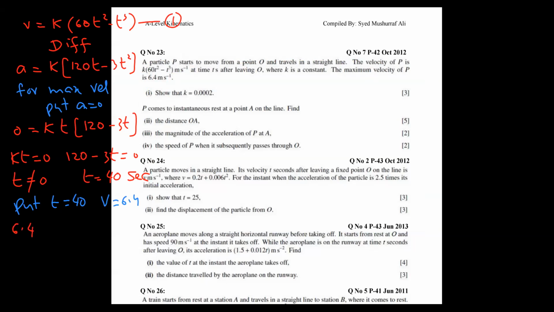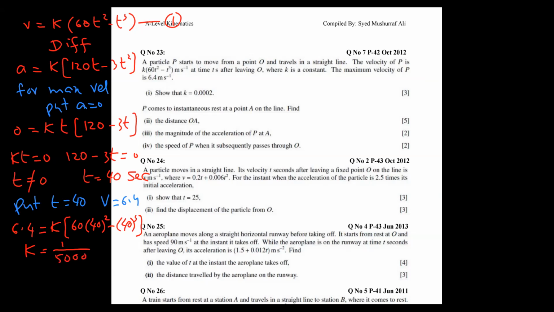So 6.4 equals k times (60 × 40² − 40³). Now this whole thing will divide to the left-hand side. I will check my calculator, and you can also check. 60 × 40² minus 40³ gives me k equal to 1/5000.